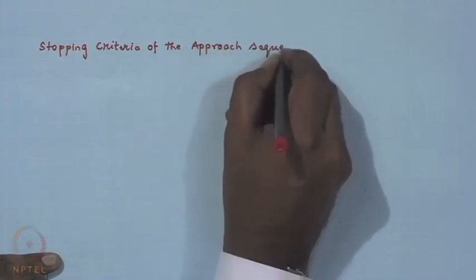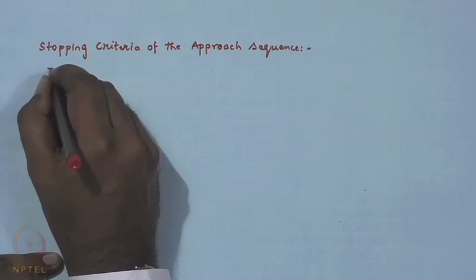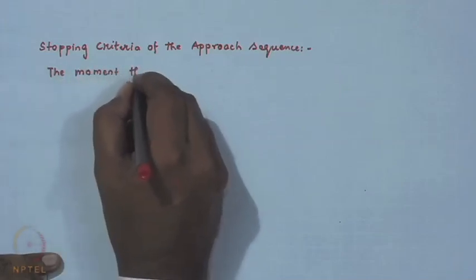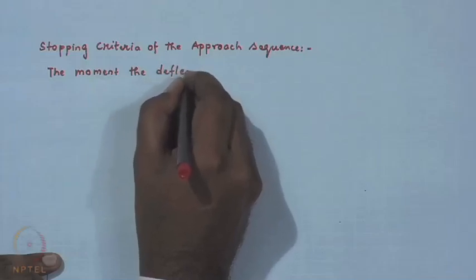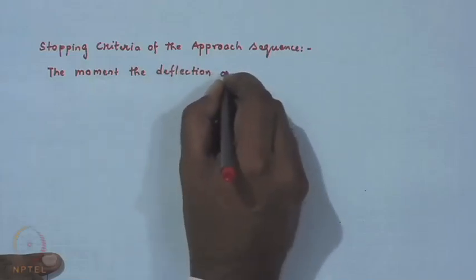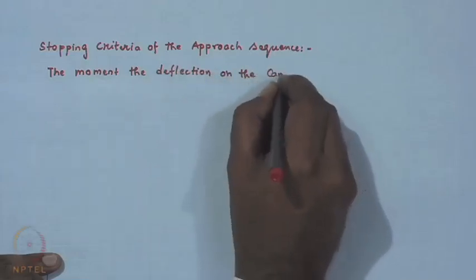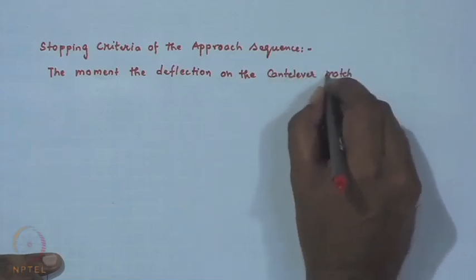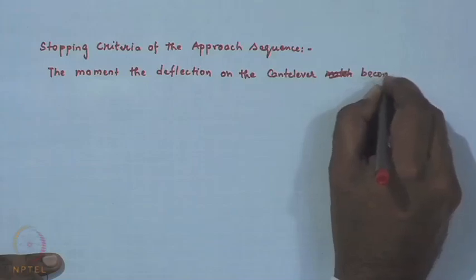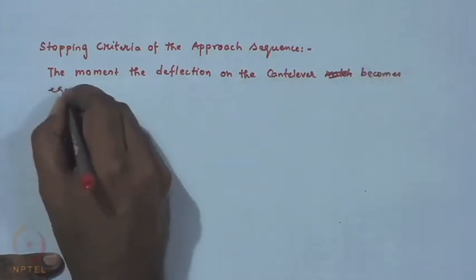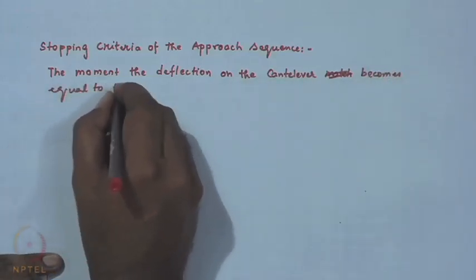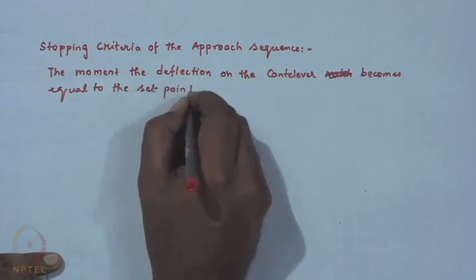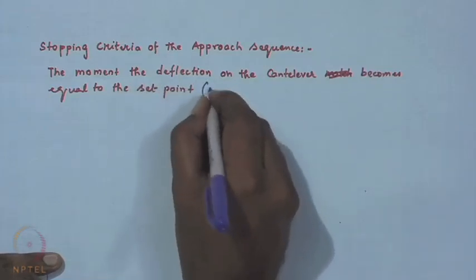So, stopping criteria of the approach sequence: the moment the deflection on the cantilever becomes equal to the set point, which is user defined.